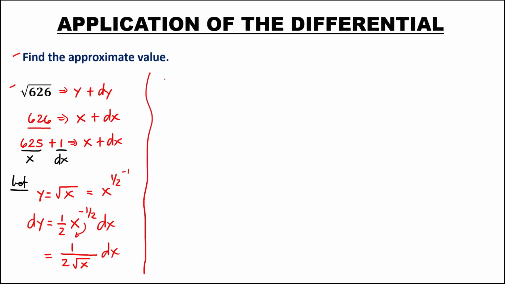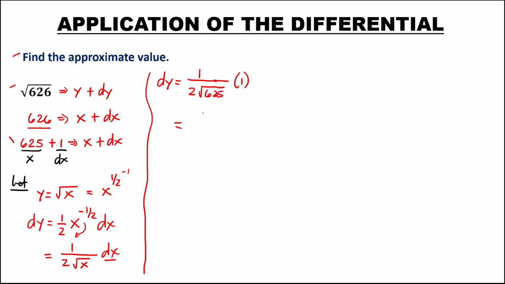Then to find the value for dy, we have 1 over 2 times the square root of x, and x is equal to 625, times the dx, and dx is equal to 1.